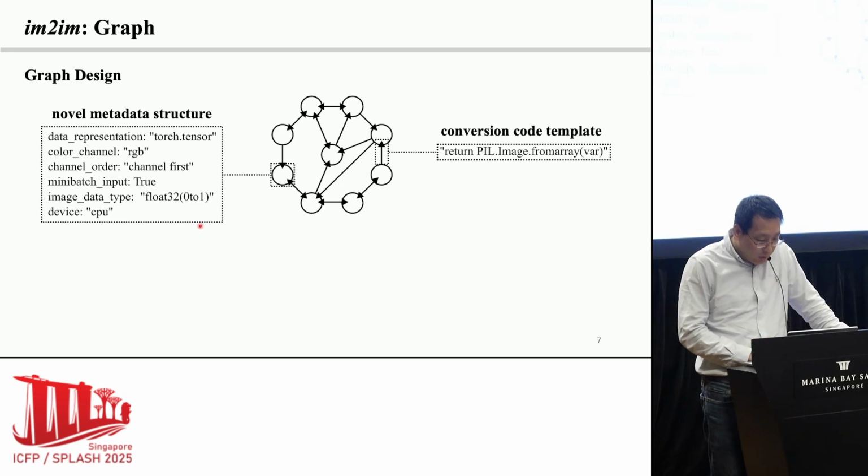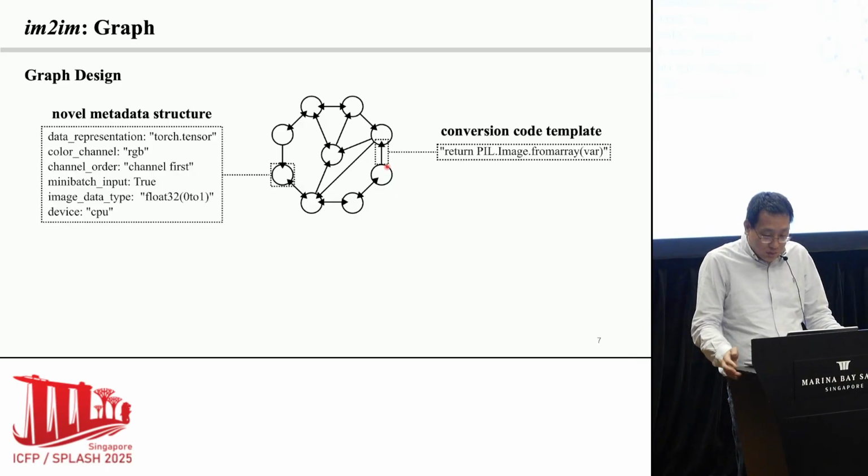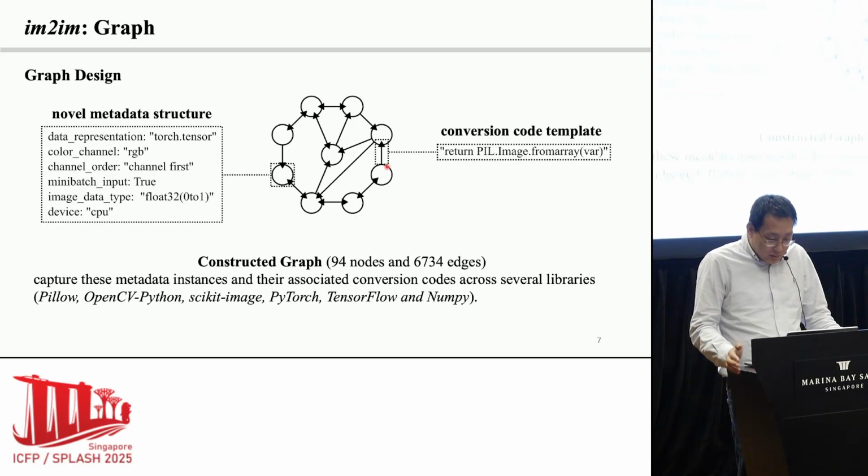Each metadata forms a unique node in the graph. The edges between nodes represent valid conversions and are annotated with code templates that perform the actual conversion code across several libraries. The graph was constructed to capture these metadata instances and their associated conversion codes across several libraries and frameworks.